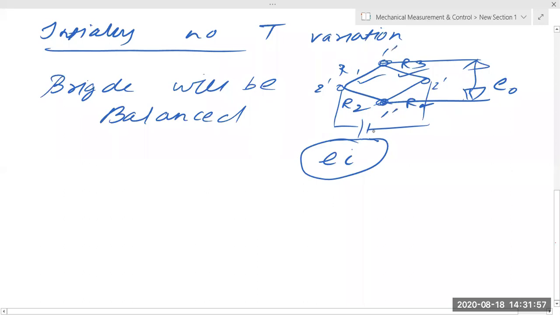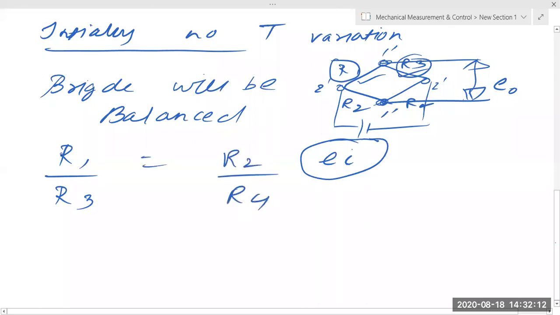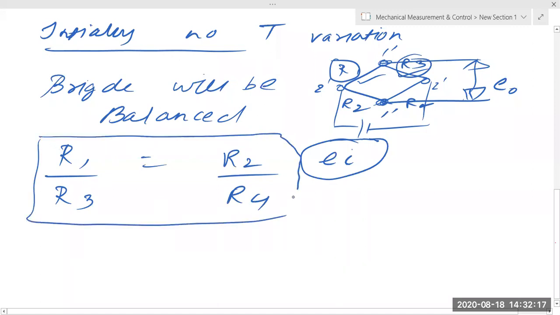So you write that the bridge is balanced as R1 by R3, across which you measure, in division to the input signal, will be equal to R2 by R4. So initially when the bridge is balanced, we get R1 by R3 is equal to R2 by R4.